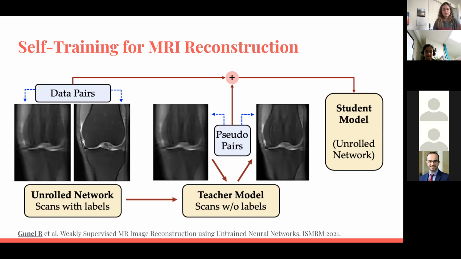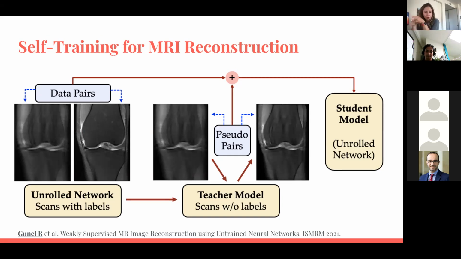I talked about unrolled neural networks a little bit, which are motivated by the variational regularization approaches, as I said, and those are the state-of-the-art MR reconstruction methods for purely supervised now. So what we're proposing here is the following. Essentially, we're taking undersampled scans and fully sampled scans, a pretty limited number of pairs, and training an unrolled neural network on them.